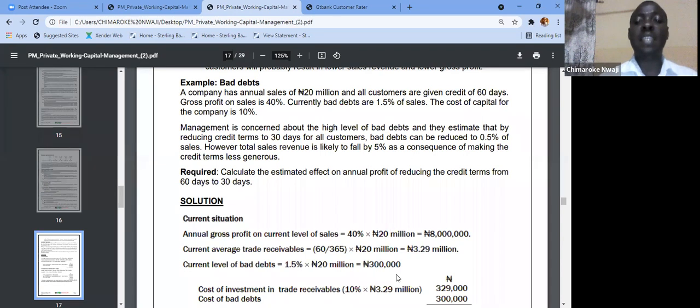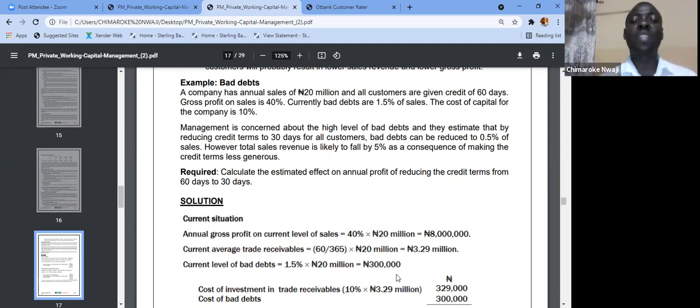Currently, bad debts are 1.5% of sales. The cost of capital of the company is 10%. Management is concerned about the high level of bad debts, and they estimate that by reducing credit terms to 30 days for all customers, bad debts can be reduced to 0.5% of sales.